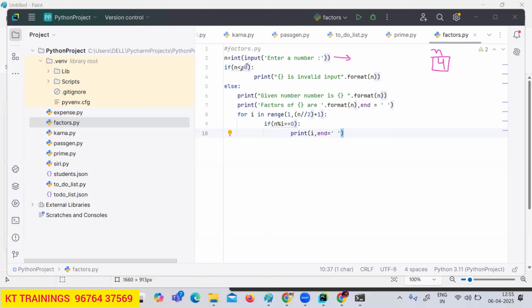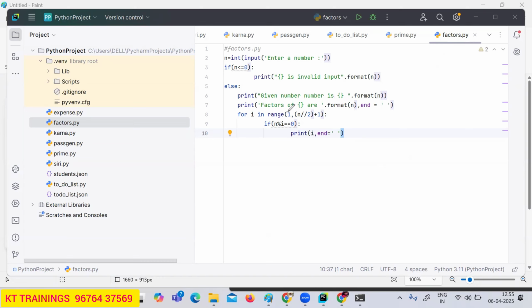After that, if n less than or equal to 0, is 4 less than or equal to 0? Wrong, so this does not run. Coming to the else part, given number is, in this place the n value comes, which is 4. Print syntax: given number is 4. Print factors of the given number. Factors of 4 are, with end equal to space, so it prints on the same line.